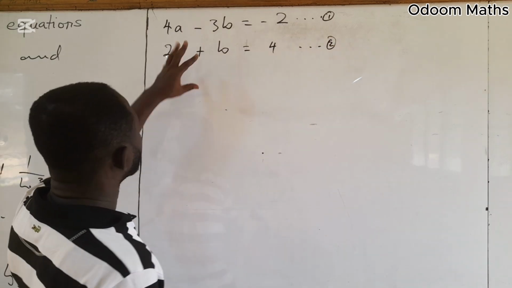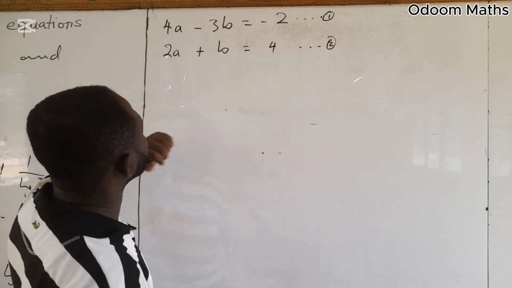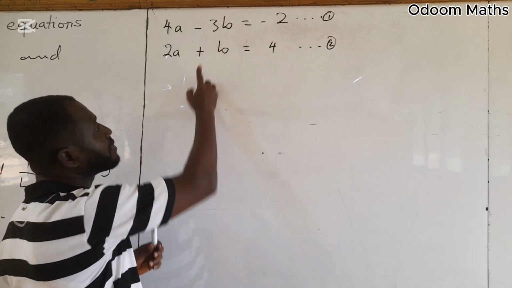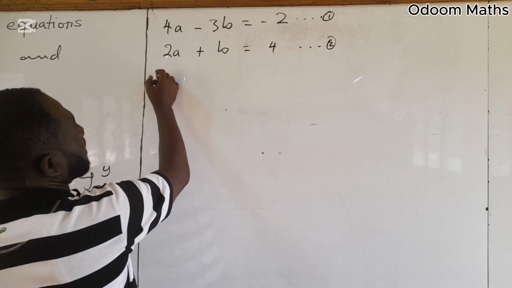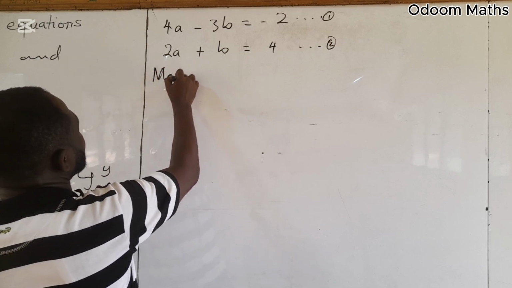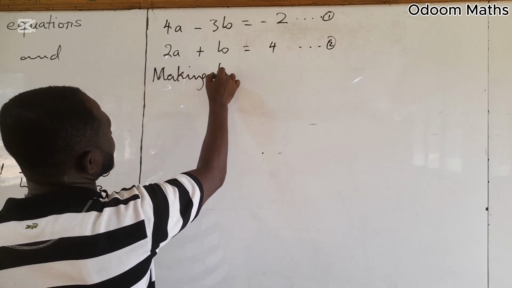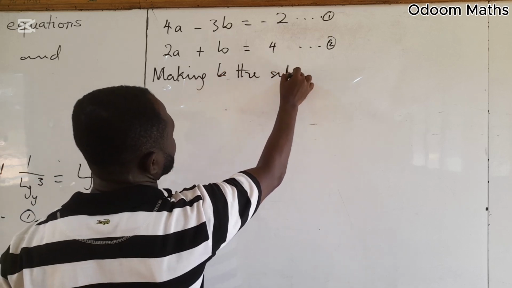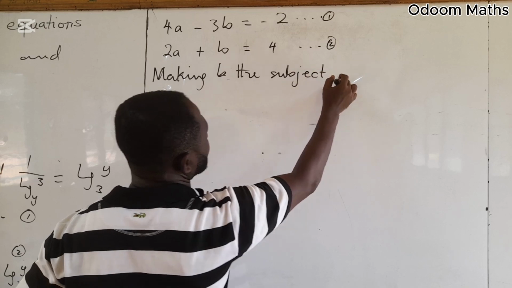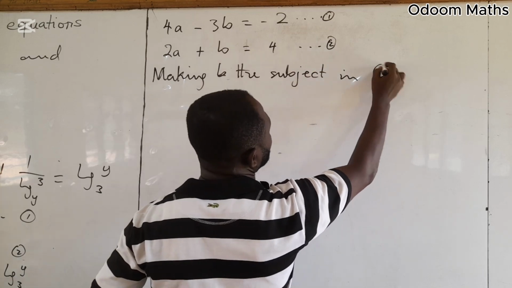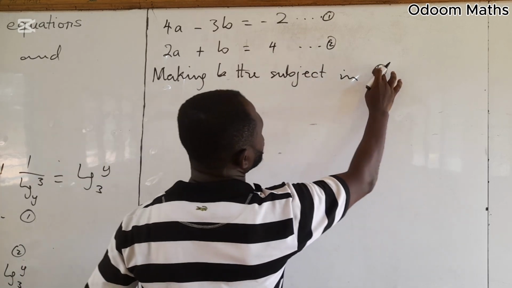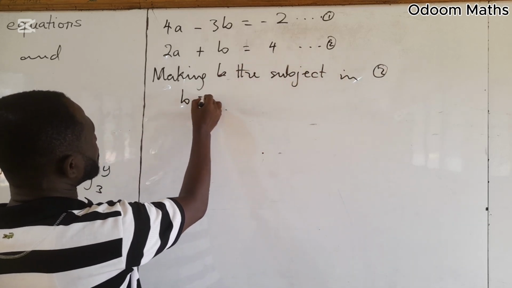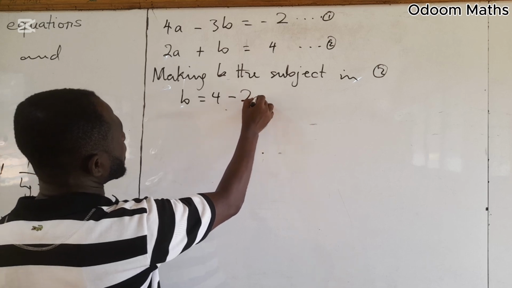Now I am going to use the substitution method because the coefficient of b is 1. Making b the subject in equation 2, I have b equals 4 minus 2a.